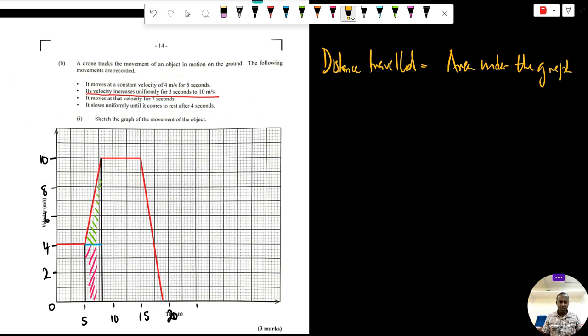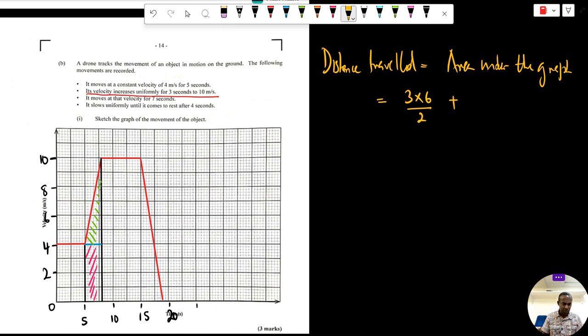And again, because I split up the shape into a triangle and a rectangle, let's focus on the triangular section first. Now, the triangular section, it is a base between 5 and 8 seconds, so a base of 3. It is a height of between 4 and 10 meters per second, so a height of 6. So this is base times perpendicular height divided by 2, okay?